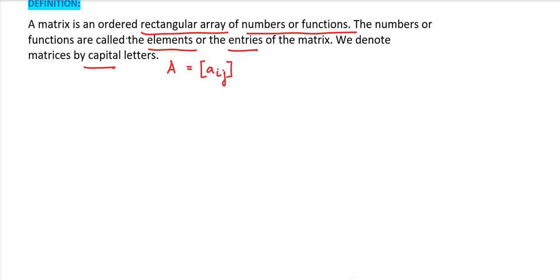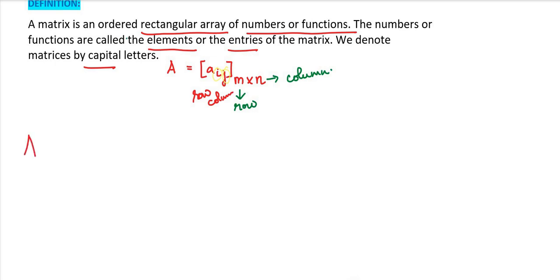The elements are given inside the brackets with an order of m by n, where m represents the rows and n represents the columns of the matrix. And i and j represent the place of the row and column of the given element inside the matrix.